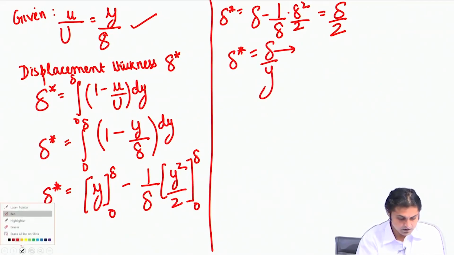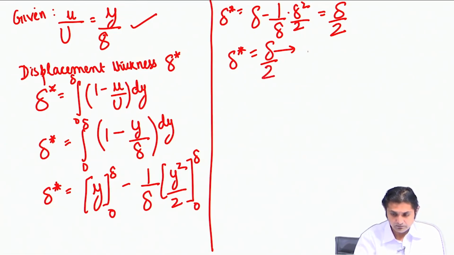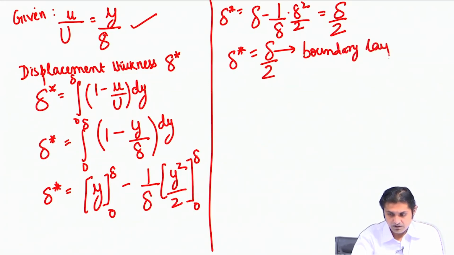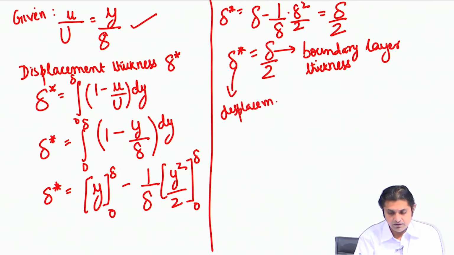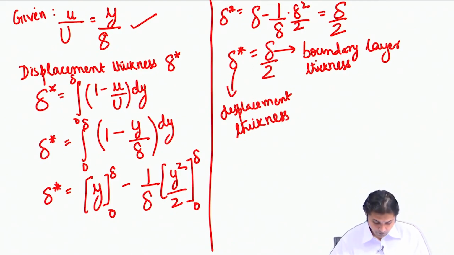And this delta here is the boundary layer thickness. This is, as we told, the displacement thickness.